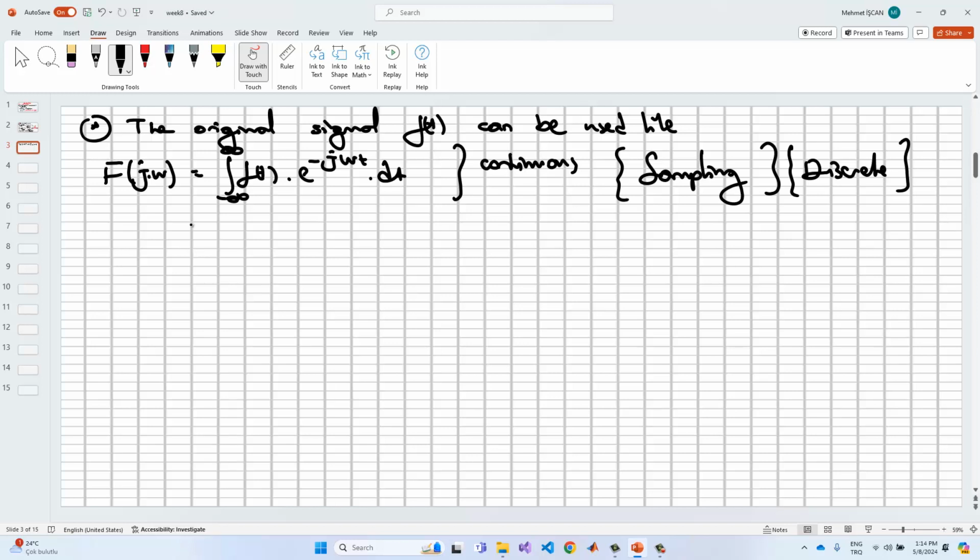And so at every impulse we have f_k. K is the index of our system.